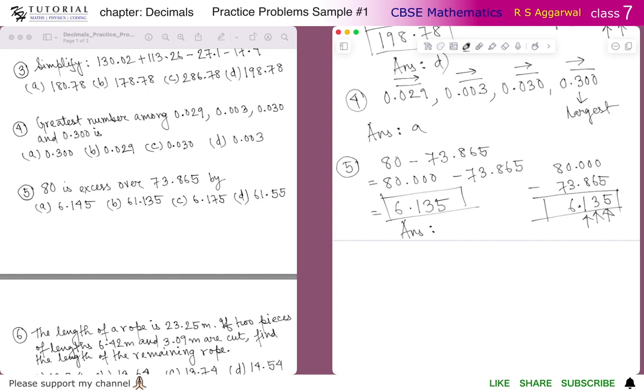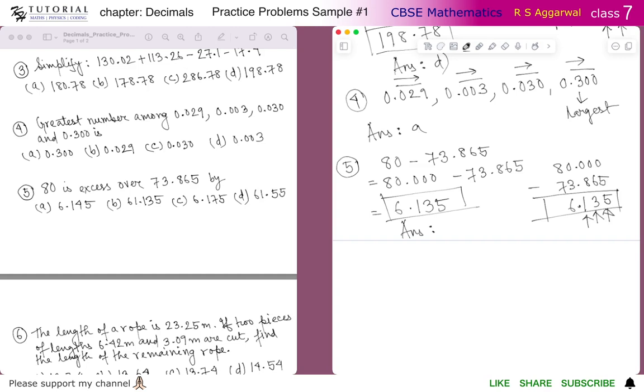Oh, 61? In the choice, it is given 61.135. I think while copying the question from some source, I accidentally wrote it 61. It should be 6.135. Let me check my answer quickly. So it is 80 minus 73.865.